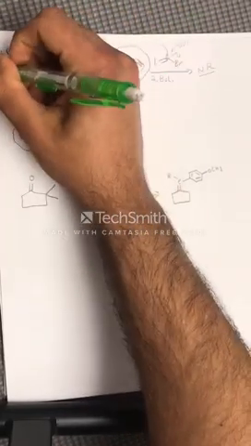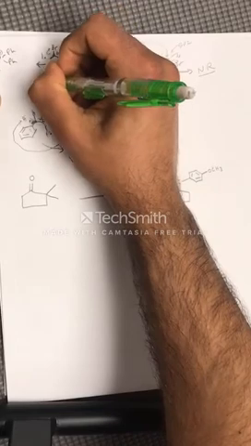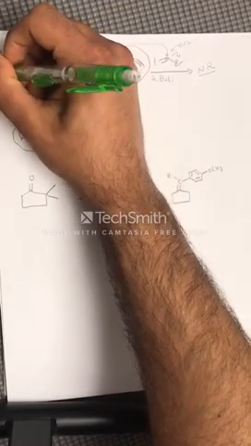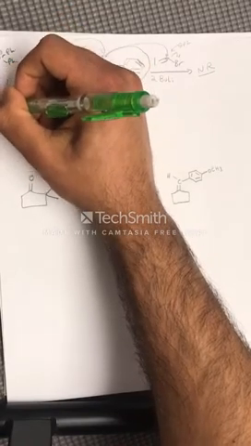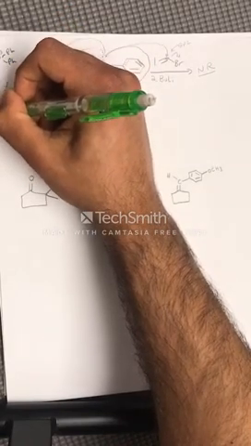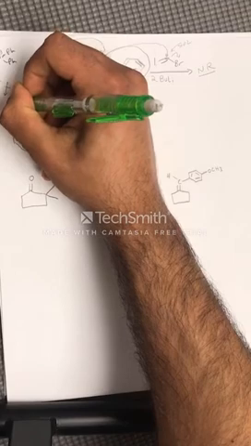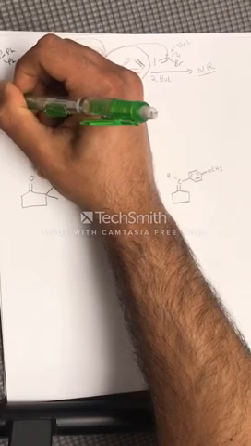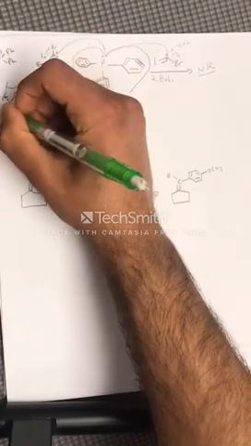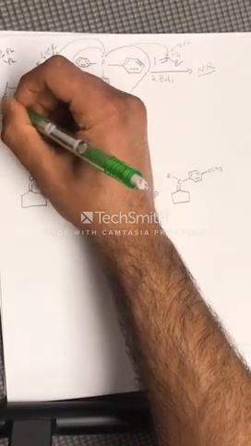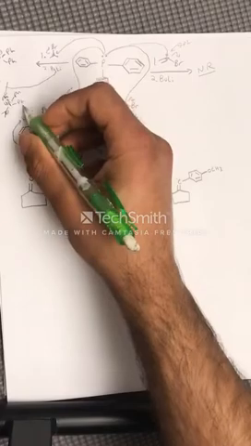In the second step, the base removes this acidic proton, puts the electrons on the carbon, and you get a negative charge on this carbon and a positive on the phosphorus. That's your ylide.